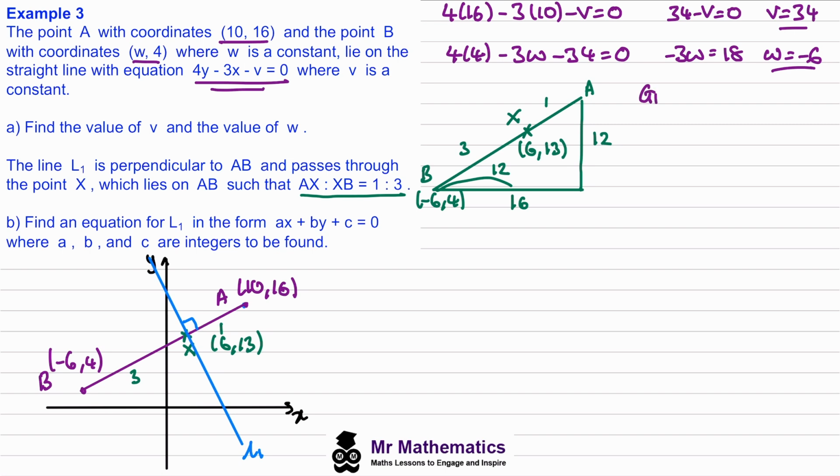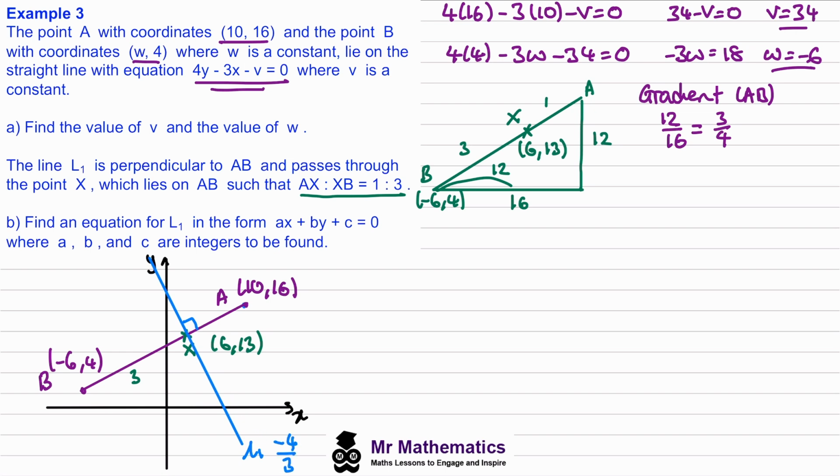So the gradient of AB will be the change in y, so from 16 to 4 is 12, divided by the change in x from negative 6 to 10, 16. And we can simplify this to make 3/4. So this tells us the gradient of line L1 will be negative 4 over 3.